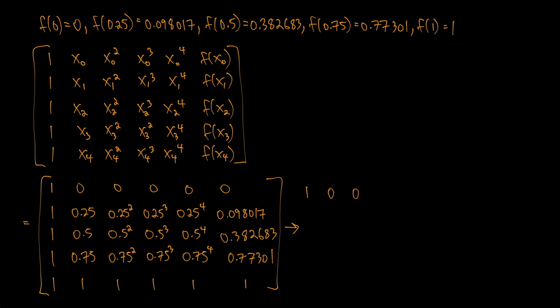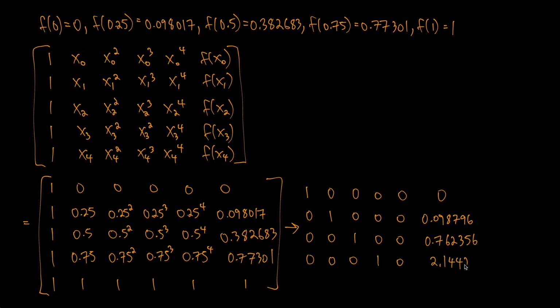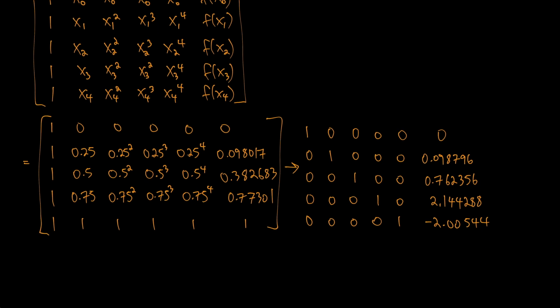I'm going to get 1, 0, 0, 0, 0, 0, then 0, 1, 0, 0, 0, 0.098796, 0, 0, 1, 0, 0, 0.762356, then 0, 0, 0, 1, 0, 2.144288, and 0, 0, 0, 0, 1, negative 2.00544.